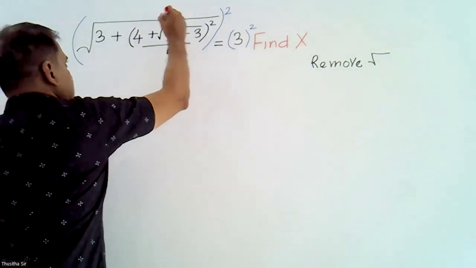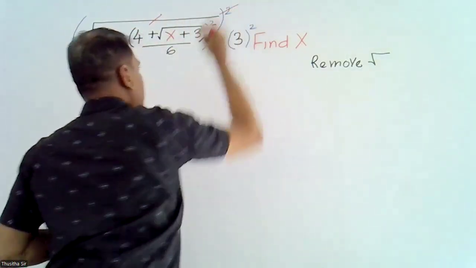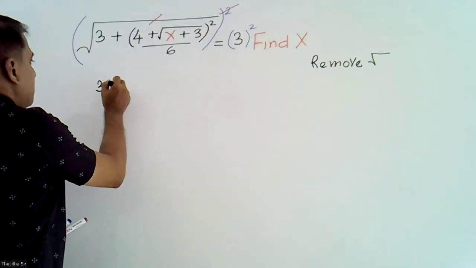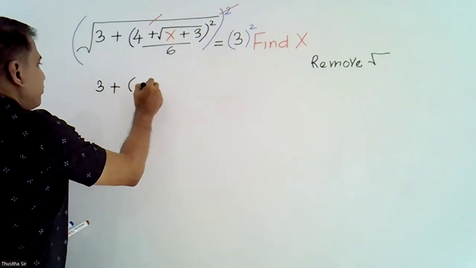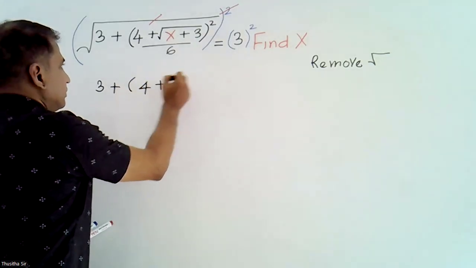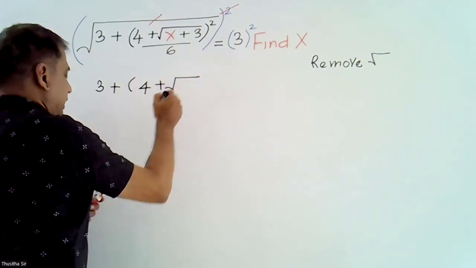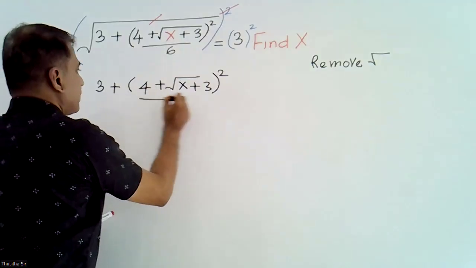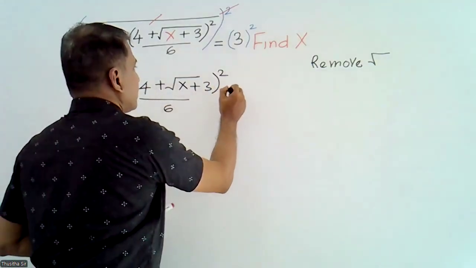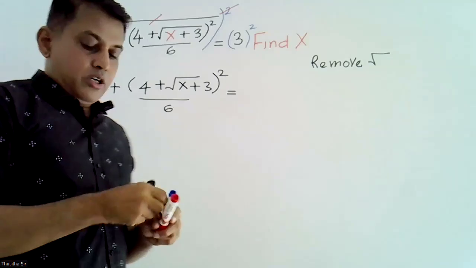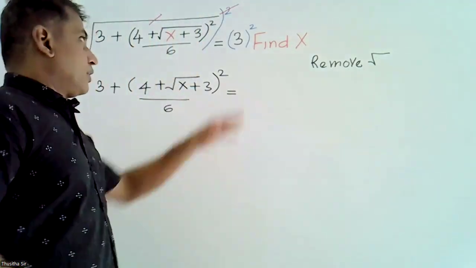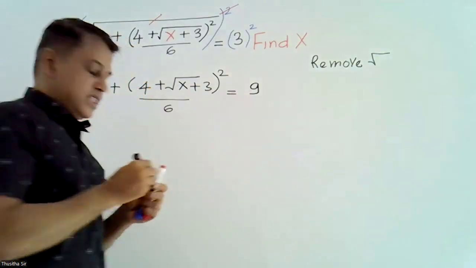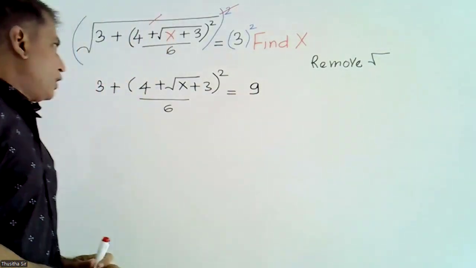This squared gets cancelled with this one. Then I can write again 3 plus, within brackets, 4x plus 3, and that is squared, divided by 6, equals, right now, look at what I'm going to do. 3 squared is 9. 3 squared is 9. Okay. Now one step done.